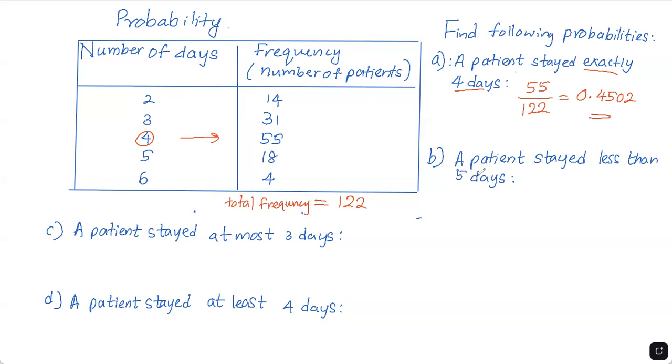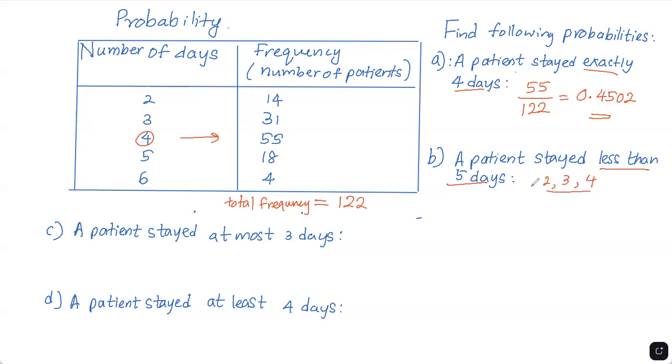So part B, we have to calculate the probability that a patient stayed less than 5 days. What's the meaning of less than 5 days? That means you have to look at the number of days, 2, 3, 4, right?